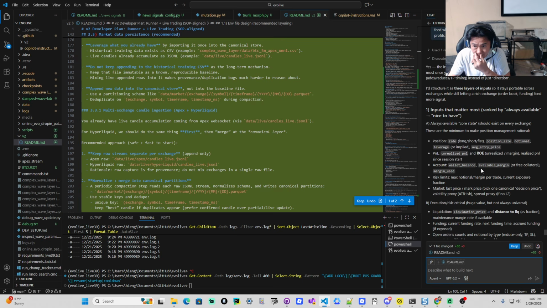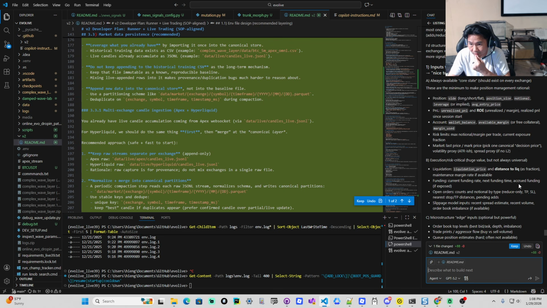Let's see here. Ranked by always available versus nice to have. Always available core state should exist in every exchange. This minimum: side (long, short, flat), position side, notional, leverage, average entry price, unrealized P&L, wallet balance, available margin, risk limits, max notional per trade, current exposure, market last price, and pick a canonical decision price.